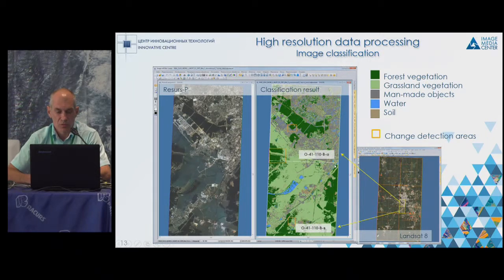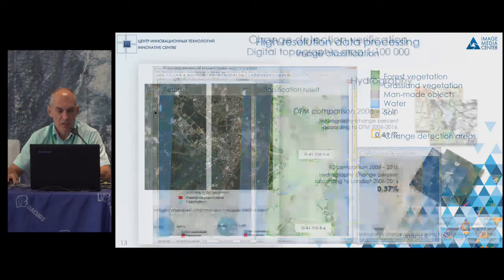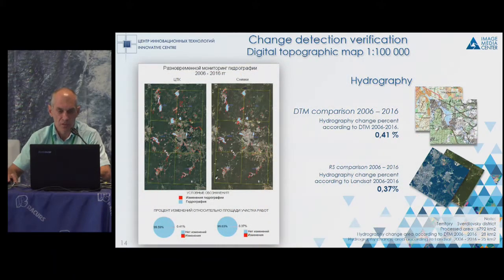And now the issue of classification has become really relevant for us. Maybe the theme is old, but now it's at a much higher level because of the multi-temporal monitoring, and we need to interpret objects not only in terms of change detection, but what actually changed there. Together with Roscartography, we did some work last year and this year on some of the regions, and we did a multi-temporal analysis.